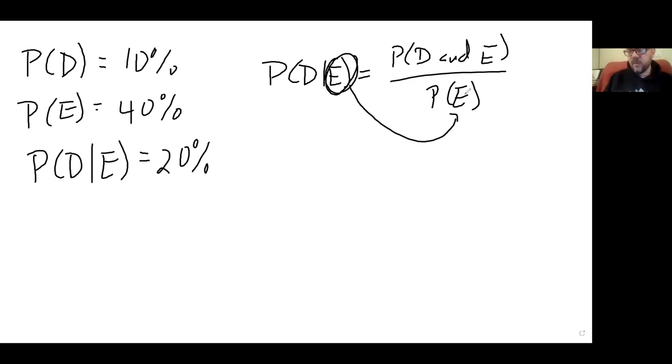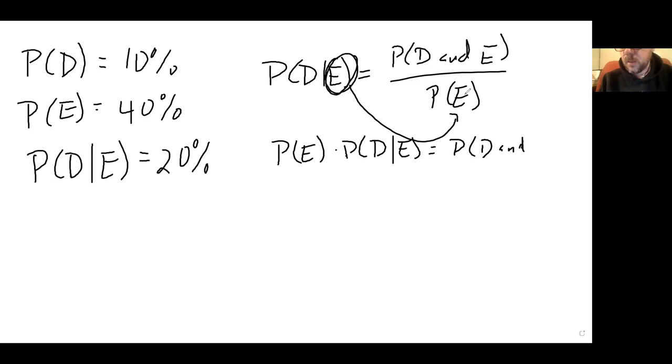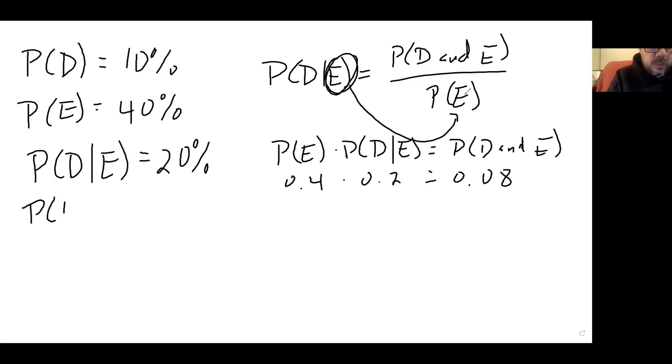I'm going to rearrange this: if I multiply both sides of the equation by the probability of E, I end up with probability of E times probability of D given E equals probability of D and E. So this is 40% times 20%, 0.4 times 0.2 equals 0.08. So probability of D and E is 8%.